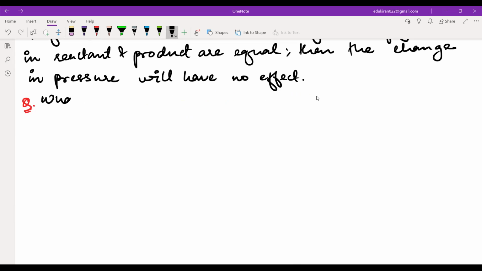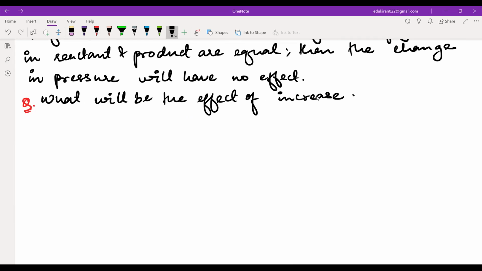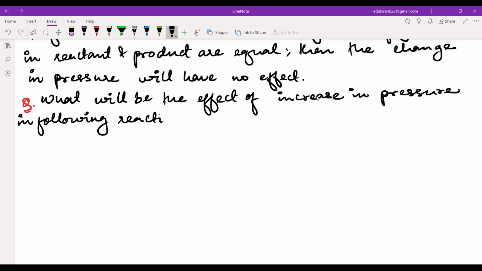What will be the effect of increase in pressure in the following reactions? Right, number A. Write number B.